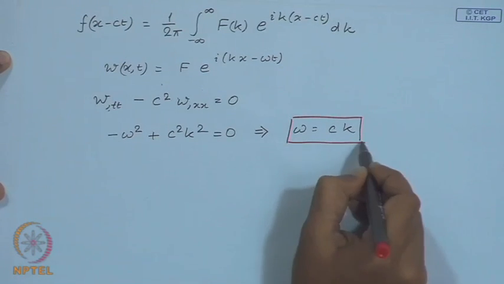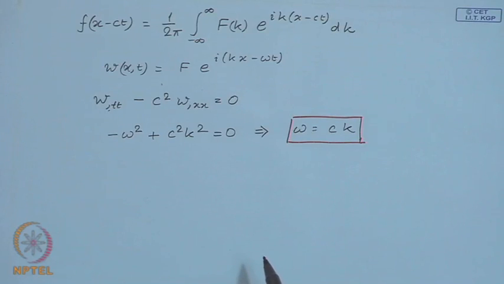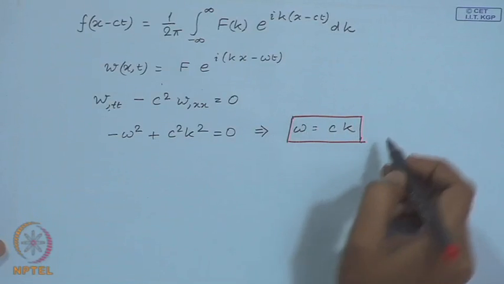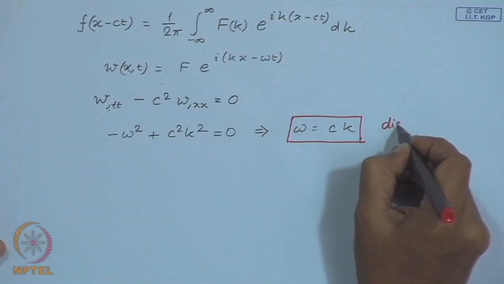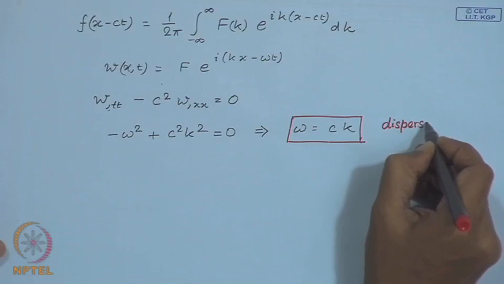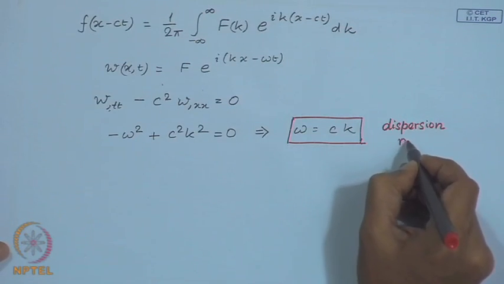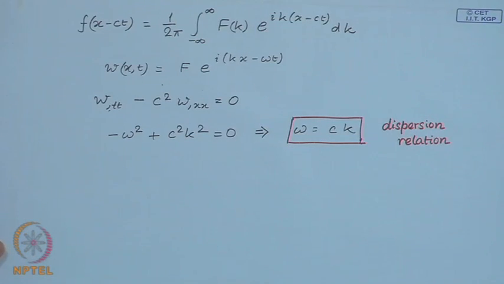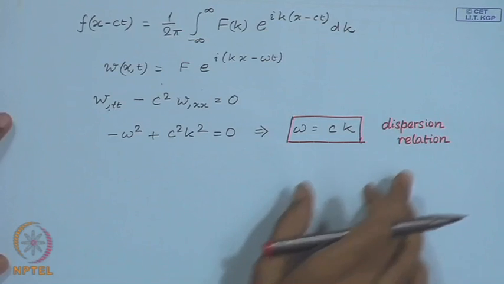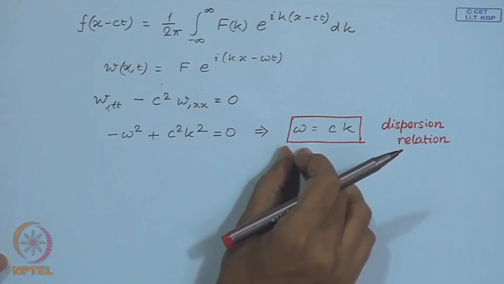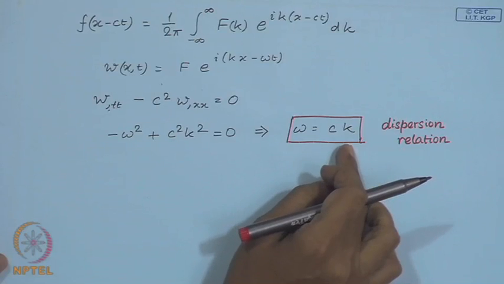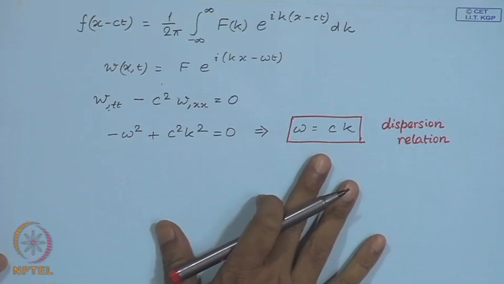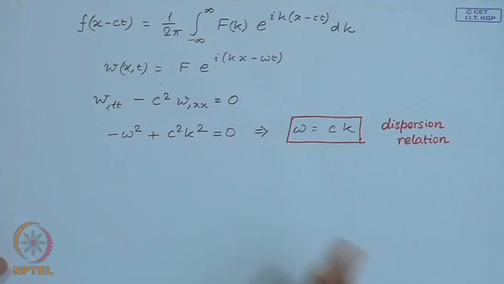The relation between the circular frequency of the wave and the wave number is known as the dispersion relation. Now, this dispersion relation is a property of the medium.